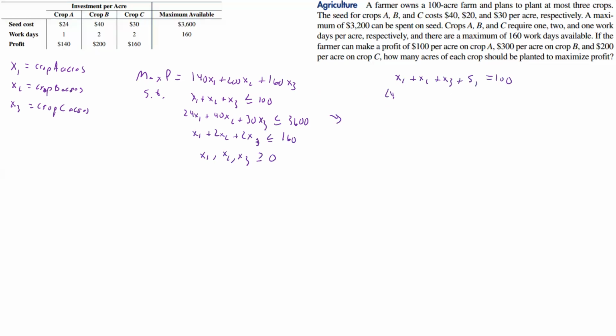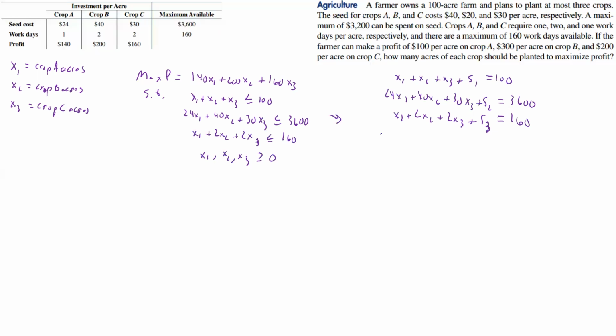Then we'll have 24x1 plus 40x2 plus 30x3 plus s2, and that's equal to 3,600. And then we have x1 plus 2x2 plus 2x3 plus s3, and that equals 160. And now we solve this for 0.